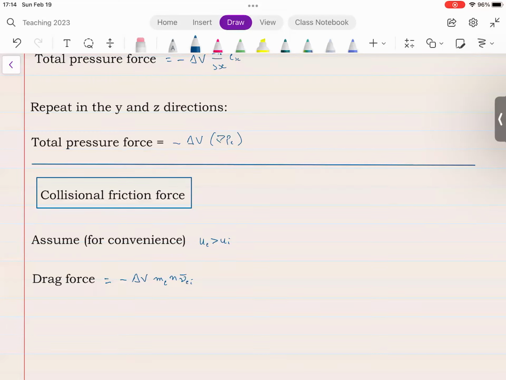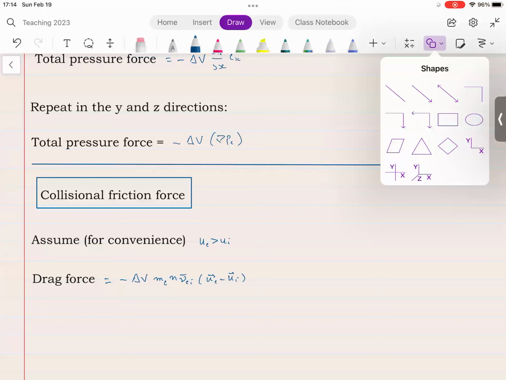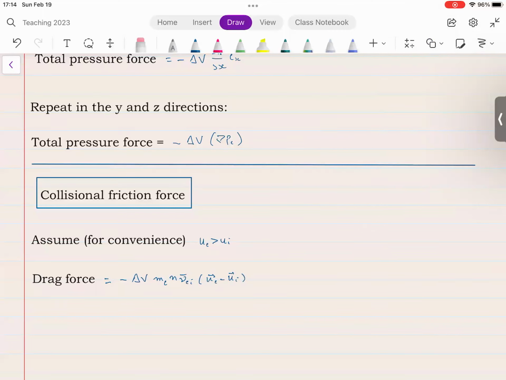And here is the critical piece. We are going to introduce this average collisional frequency. We did see its expression earlier.